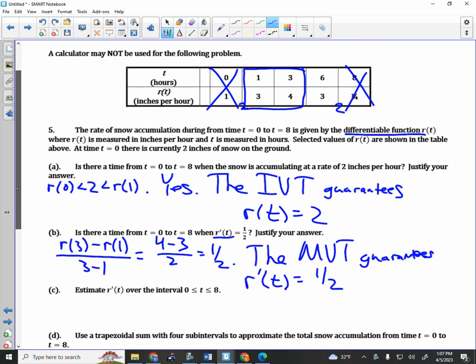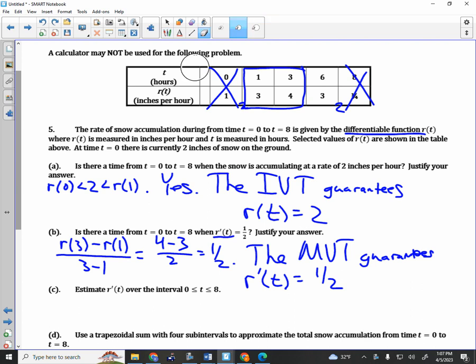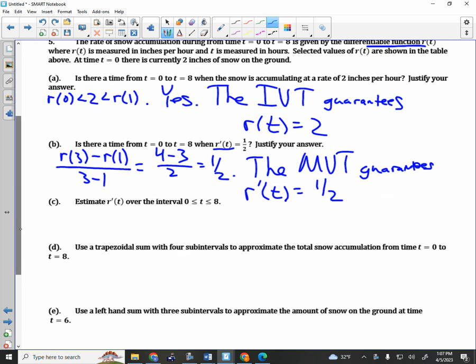So here's what I want you to do, okay? I want you to just look at this data right here. Actually, no, let's not do it that way. Let's just do the slope. We'll have you think about a different one. So it's r of 8 minus r of 0 over 8 minus 0. Estimated derivative, use slope, okay?